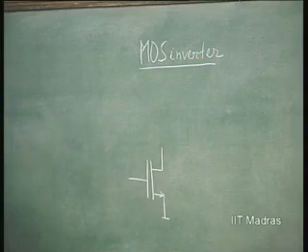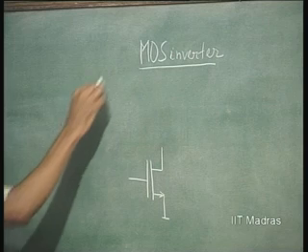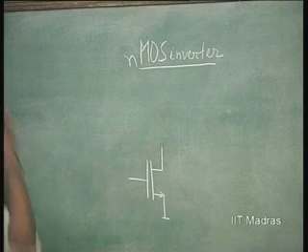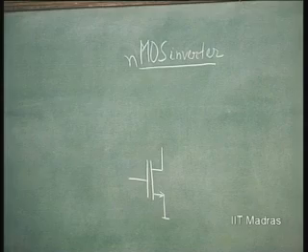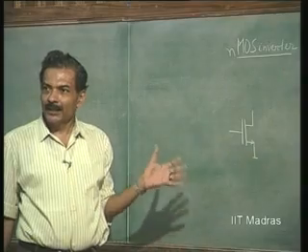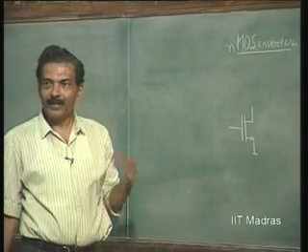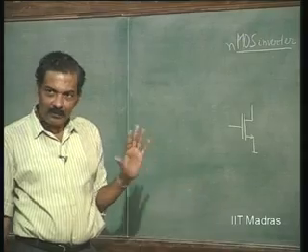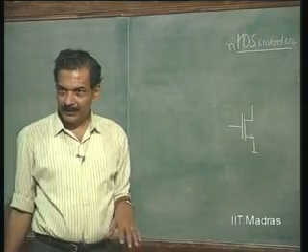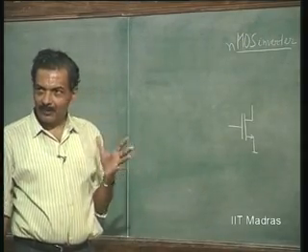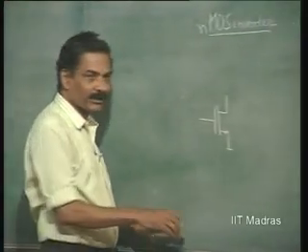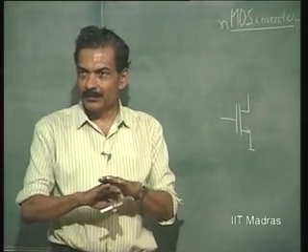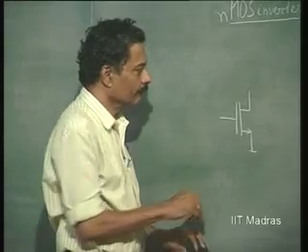I will consider what you call the NMOS inverter, just as an example. You could as well take a PMOS inverter or CMOS inverter, but NMOS and PMOS inverters look almost exactly identical in their characteristics, except for the voltage bias difference.